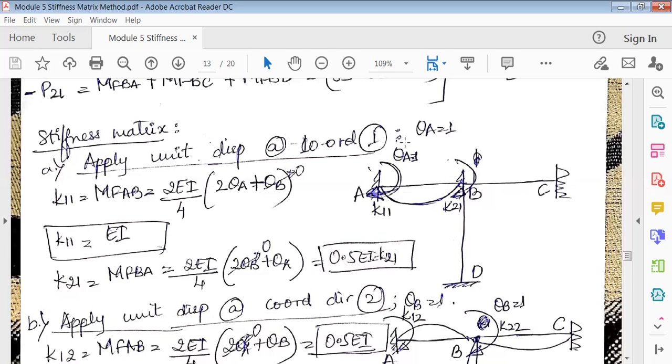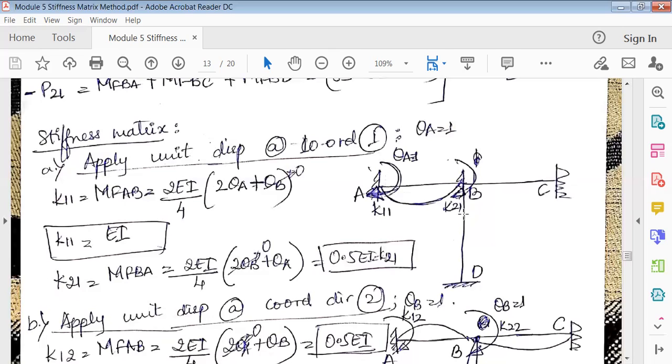Because you're applying theta A is equal to 1 in the first coordinate direction, it is 1. Here also, you've written K2 because this displacement is because you applied theta A is equal to 1 in the first coordinate direction.